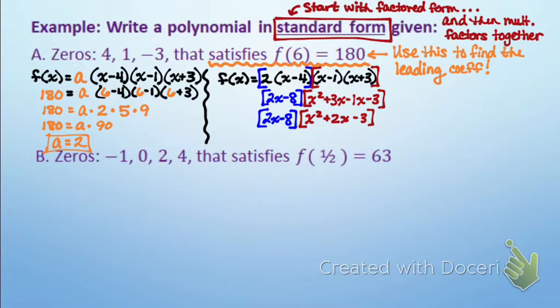So now I'm going to distribute 2x to everything, so I get 2x cubed plus 4x squared minus 6x minus 8x squared minus 16x plus 24.